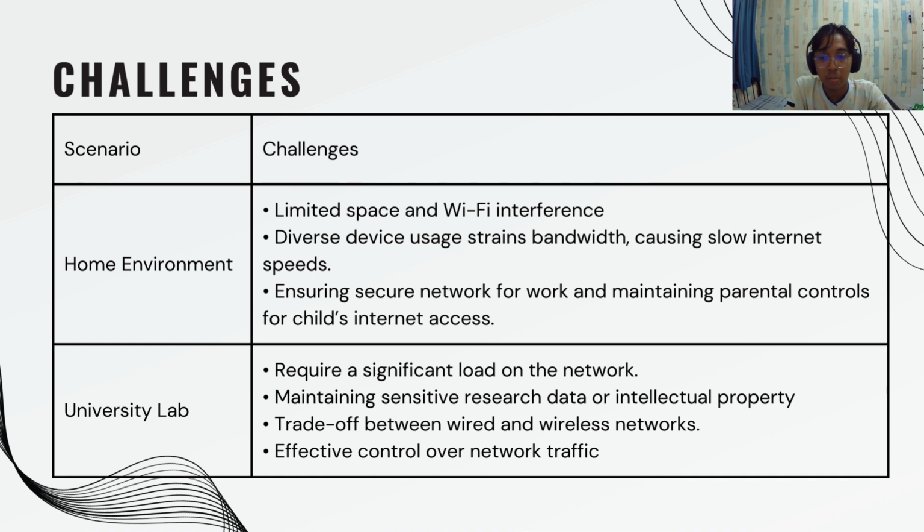This involves implementing security measures such as encryption, strong passwords, and firewalls to protect sensitive work data from potential threats. Inadequate security measures can expose work-related information to unauthorized access or cyber threats.